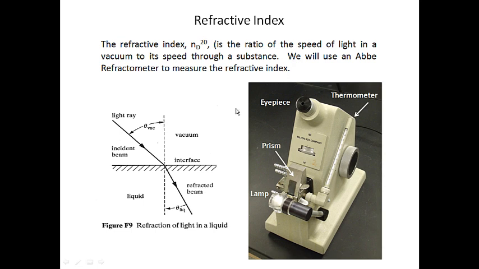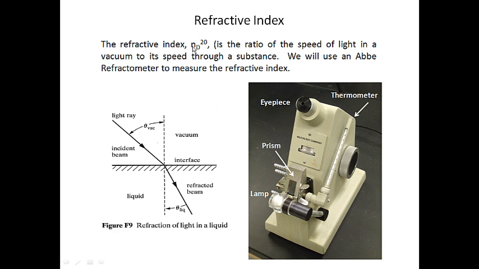Your lab book goes into the equations, but basically when a beam of light hits a substance, it bends. Okay, that's a refractive index. So the refractometers can give us the refractive index, which is called n sub d20. And it'll give us that refractive index to 4 decimal points, which is pretty high precision.